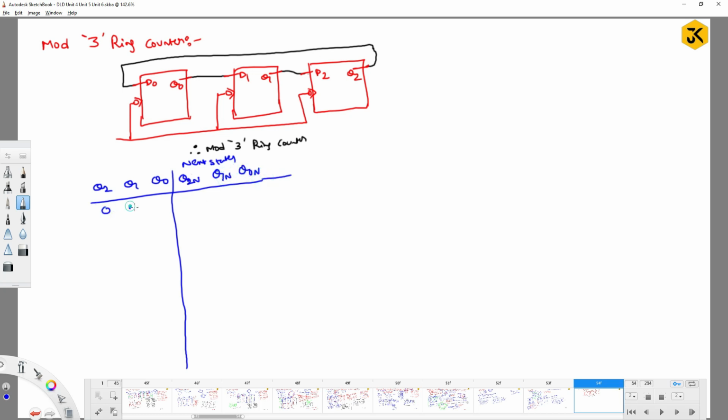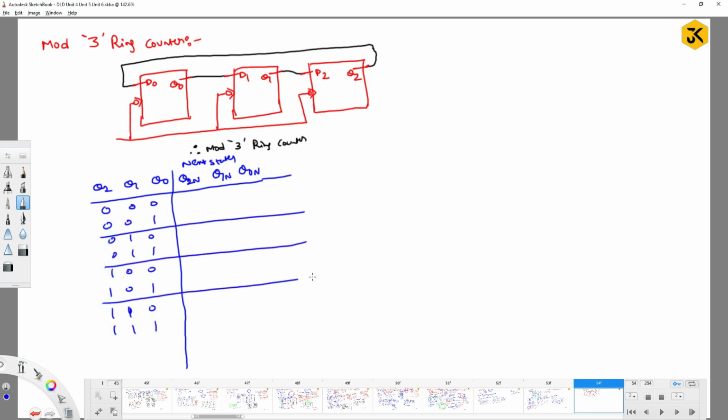The present state values are 000, 001, 010, 011, 100, 101, 110, 111. Yes, fine. Next, let's define the next state values.